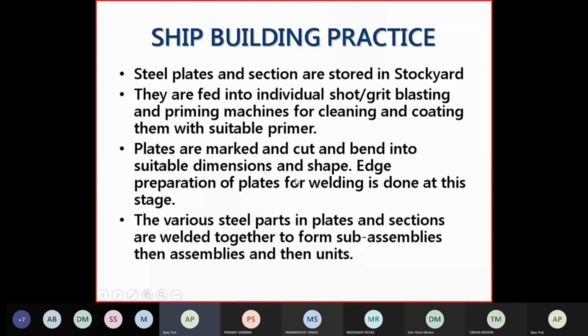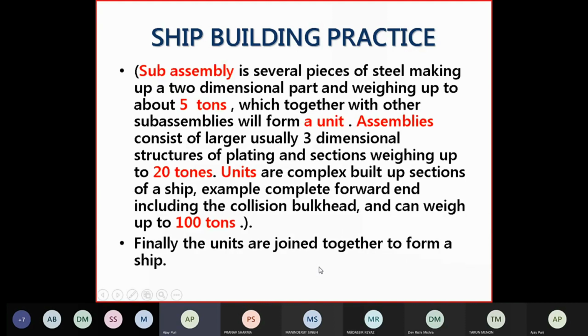Then you have edge preparation for welding. Then your various steel parts in plates and sections are welded to form sub-assemblies, and then they are joined to form assemblies, and these assemblies are joined to form units. A sub-assembly is basically around 5 tons, 2D, and made of several steel pieces.